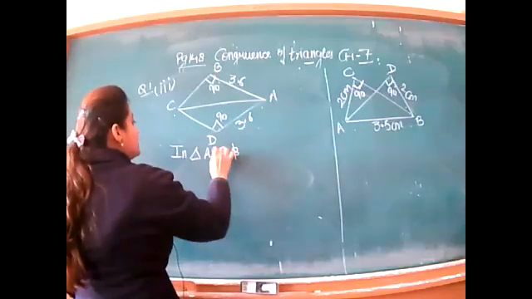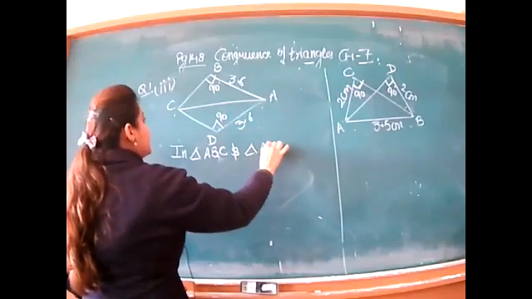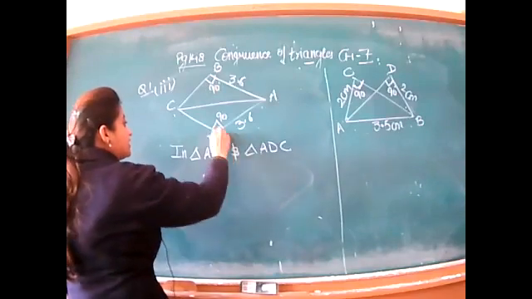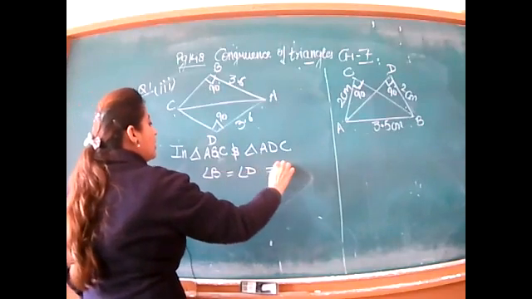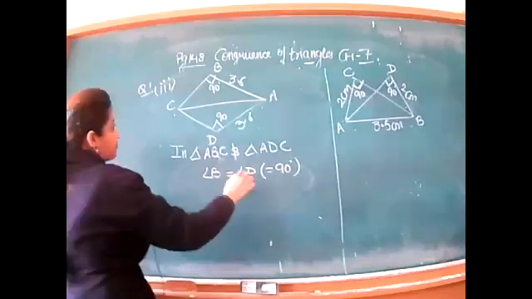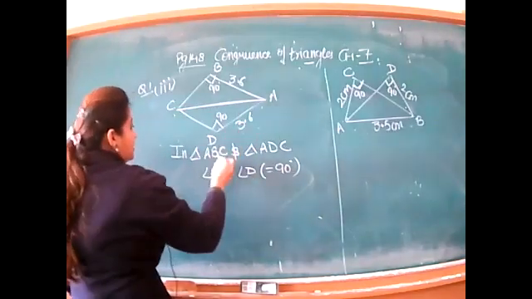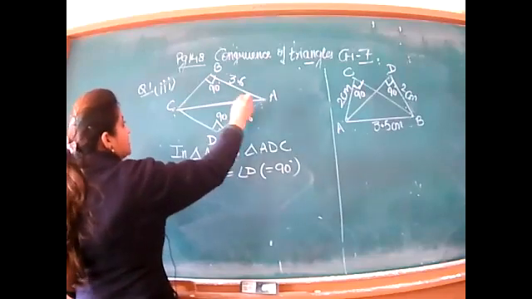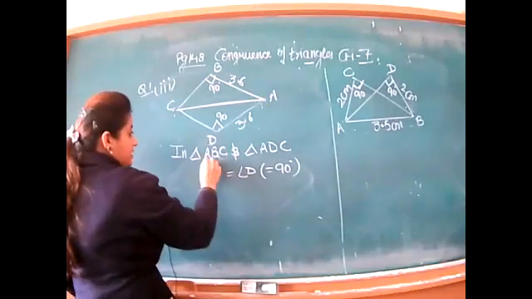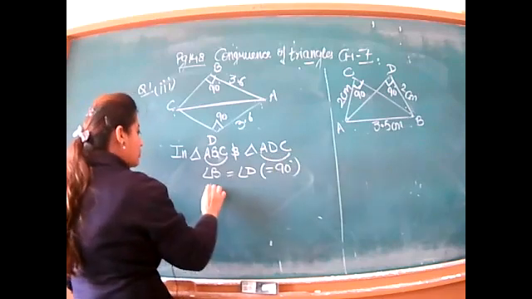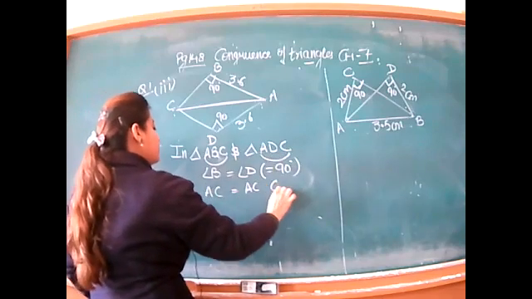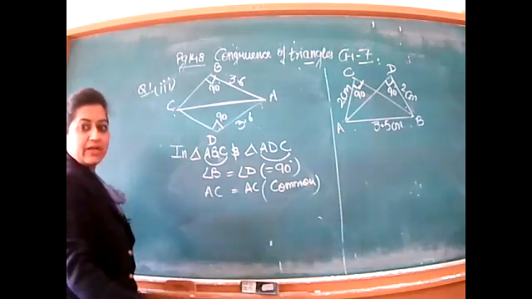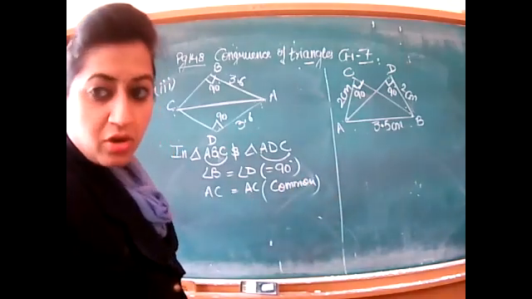In triangle ABC and triangle ADC, angle B and angle D are both 90 degree each. CA and AC are common. Length is not given, so you can write them as common.